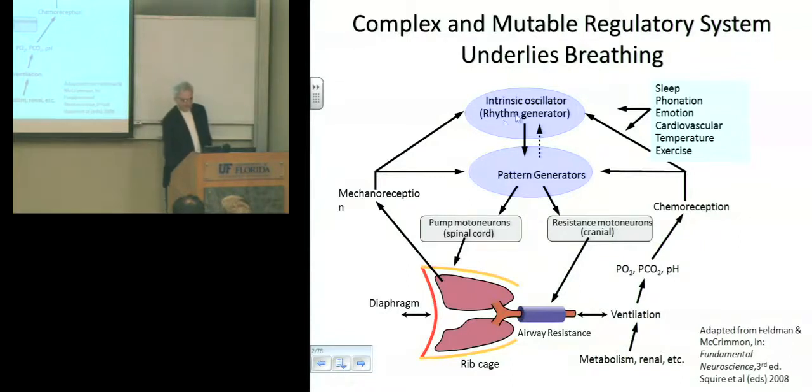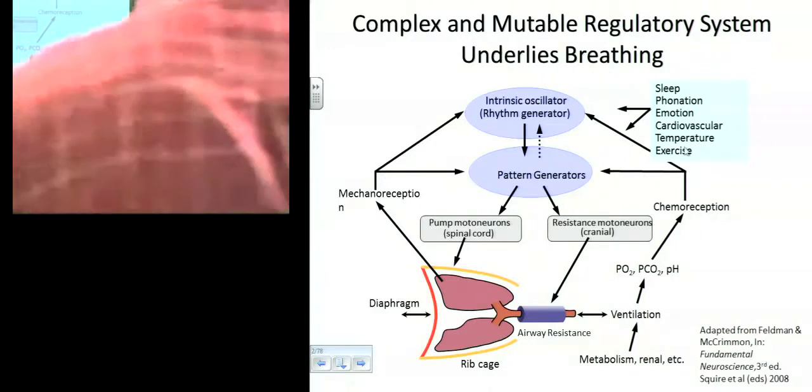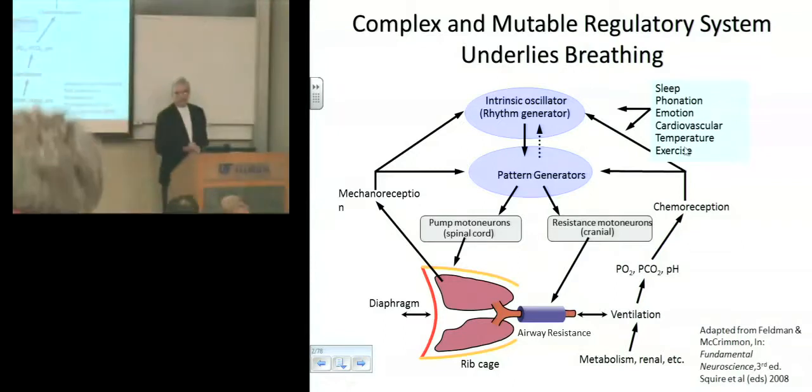And all that has to integrate very nicely and seamlessly, as we just heard from Paul, with behavior and other interoceptive kinds of things that are going on.